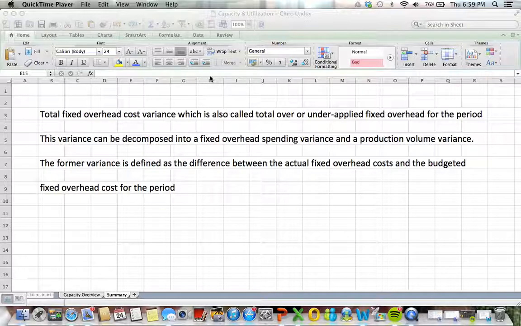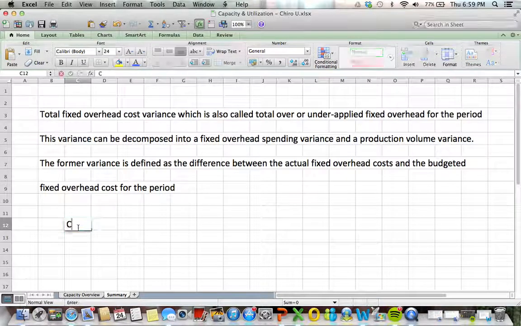This variance can be decomposed into a fixed overhead spending variance and a production volume variance. The former variance is defined as the difference between the actual fixed overhead costs and the budgeted fixed overhead costs for the period.